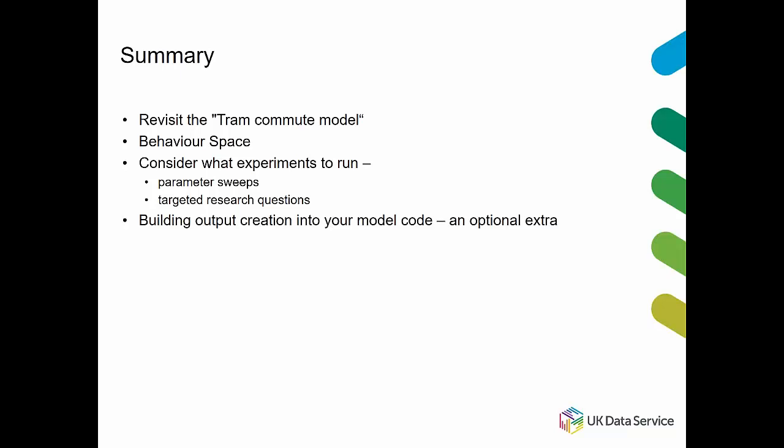I highly recommend building output creation directly into your model code. It is an optional extra because Behaviour Space does have built-in output options. I just don't find them very sophisticated. I find them to need a little bit more creativity and thinking about how to make them work.